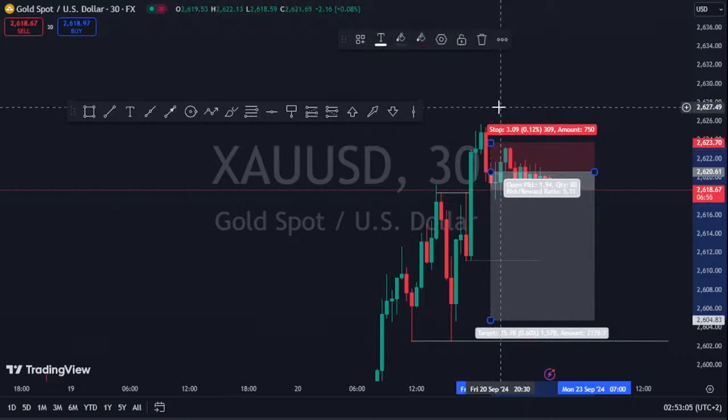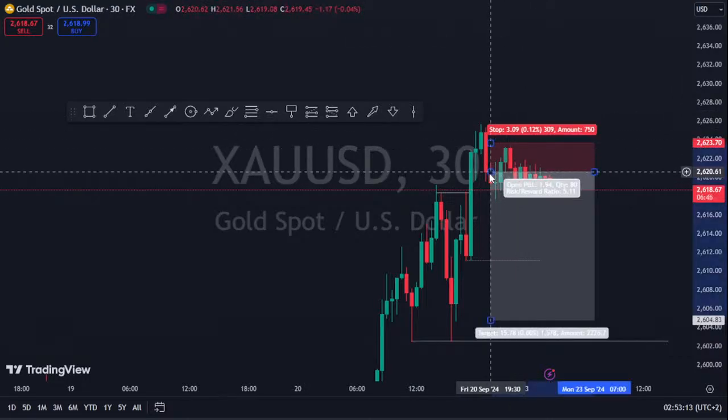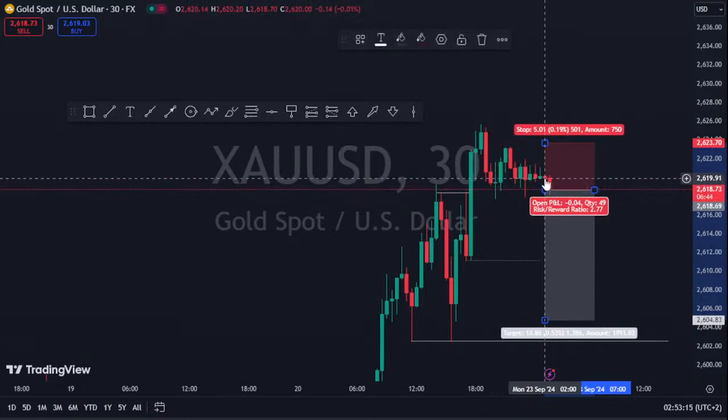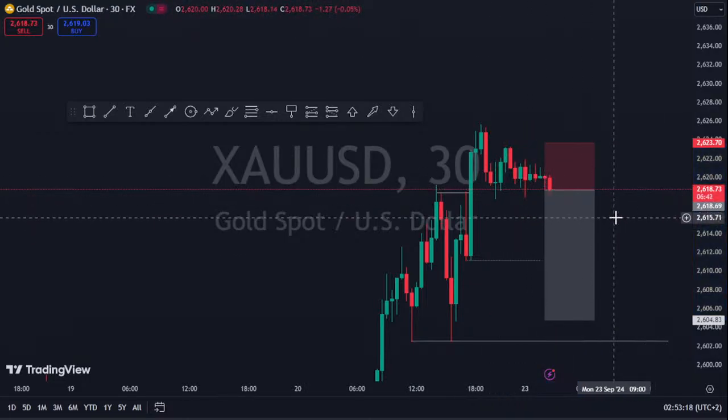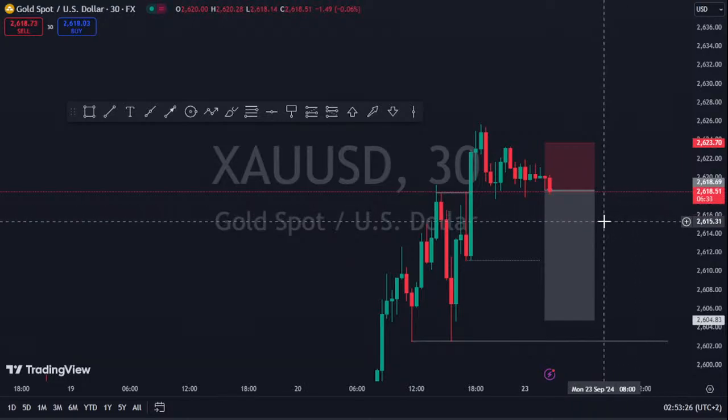You can see the 300 stop loss is somewhere around here. But with your entries right here, your stop loss goes to 500 points, which is too risky. We can't go for 500 points stop loss. That's a lot of dollars.